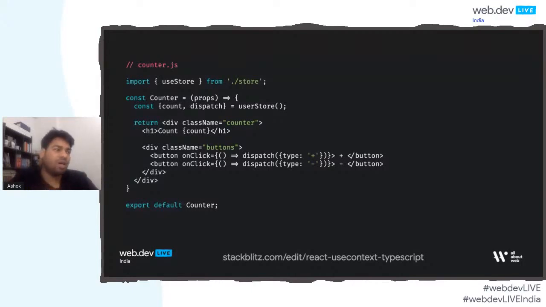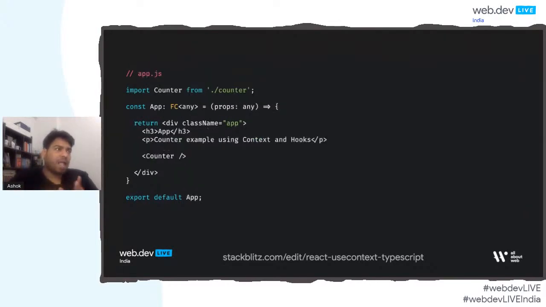If you want to look at the code, the URL is mentioned below, and this works pretty much that way. This is the count, and this is where I'm using the Counter component: I'm just importing it and using it in this App component.